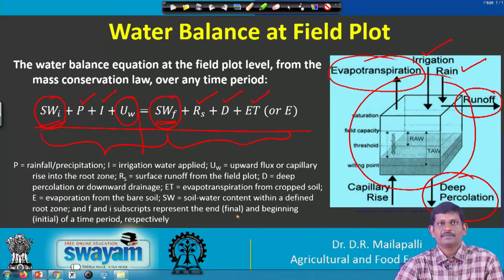The water balance is very important in order to find out the different water balance components, and this is very important for field water management.